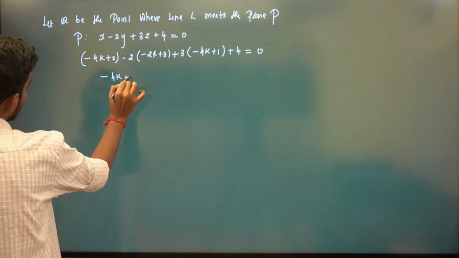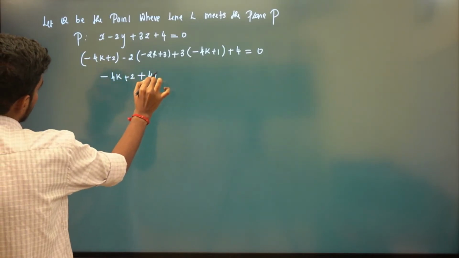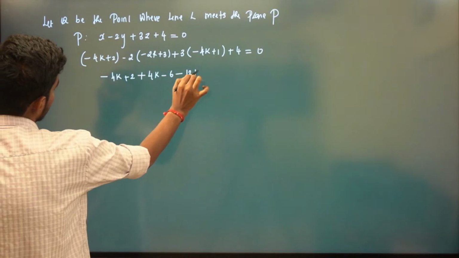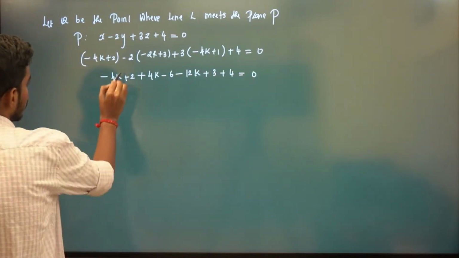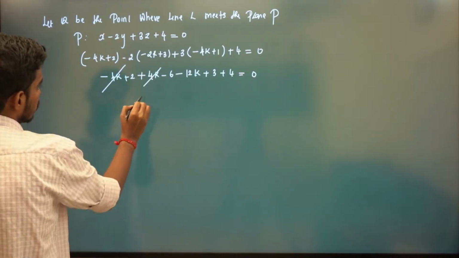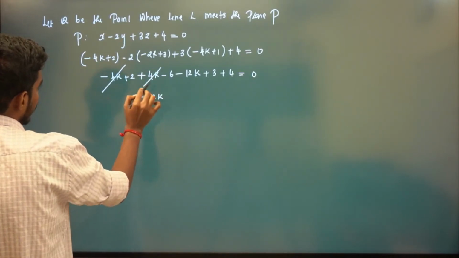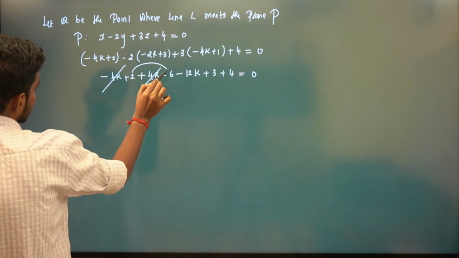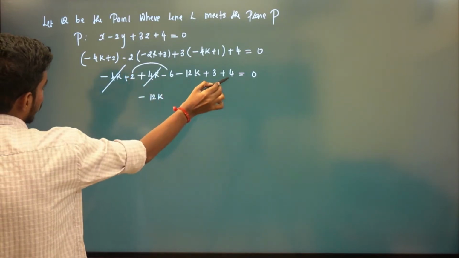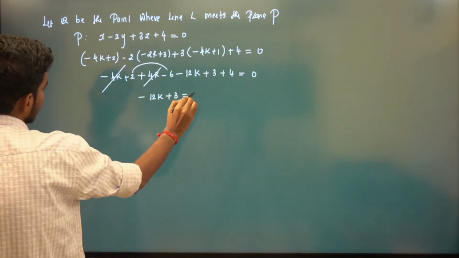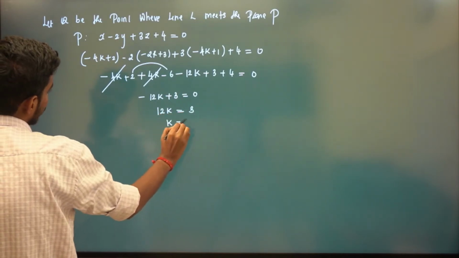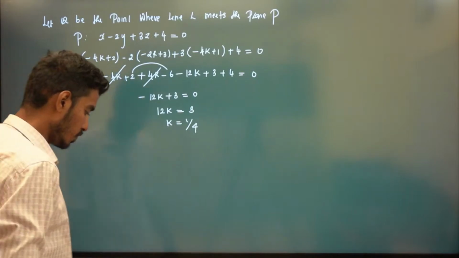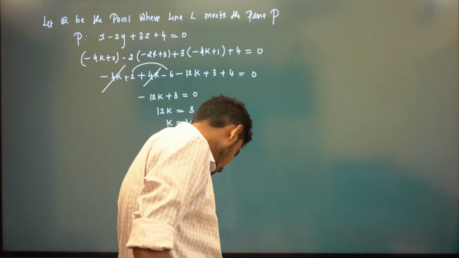So we have minus 4k plus 2 plus 4k minus 6 minus 12k plus 3 plus 4 is equal to 0. The 4k terms cancel. So we have minus 12k; 2 minus 6 is minus 4, minus 4 plus 4 is 0, so we have plus 3 is equal to 0. So 12k is equal to 3, so k is equal to 1 by 4.